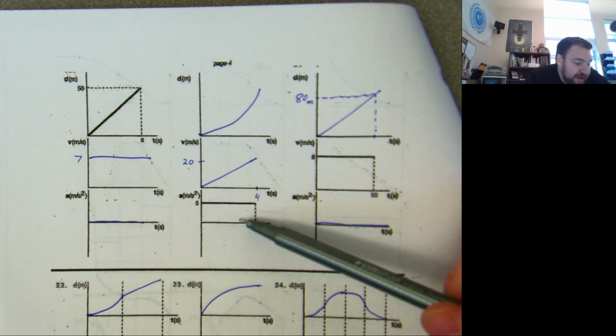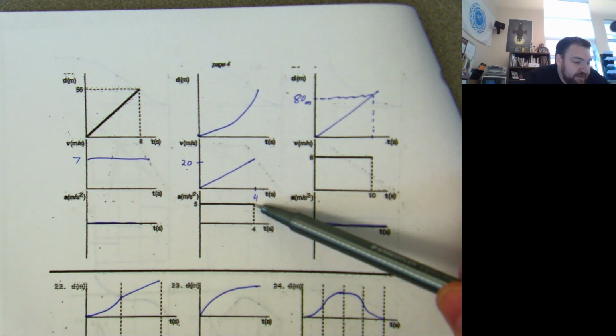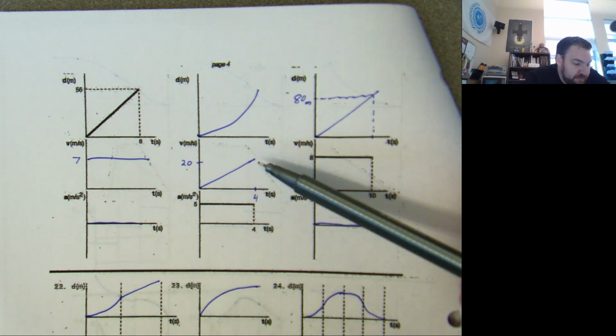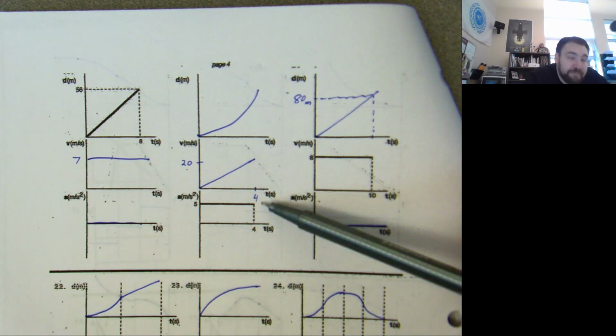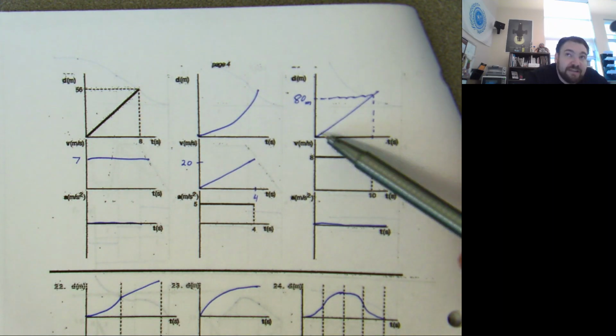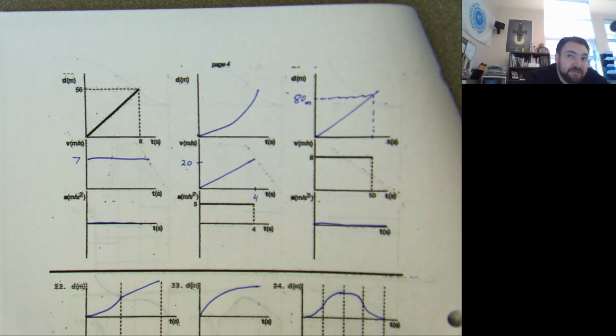This one, given these values, if it's constantly accelerating at 5 meters per second squared for 4 seconds, that means after 4 seconds it's moving at 20 meters per second, if it starts at zero. So I have a curved line that looks like that. For this one, constant V, it's going to look like this, and no acceleration.